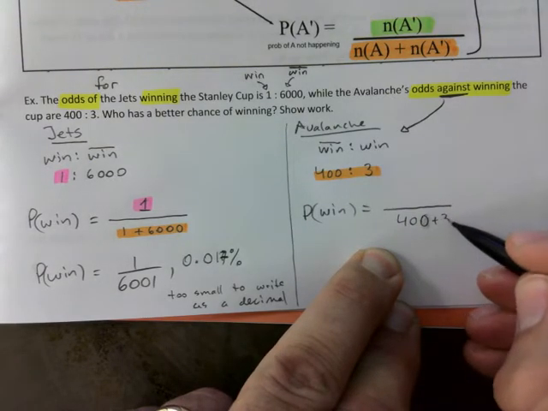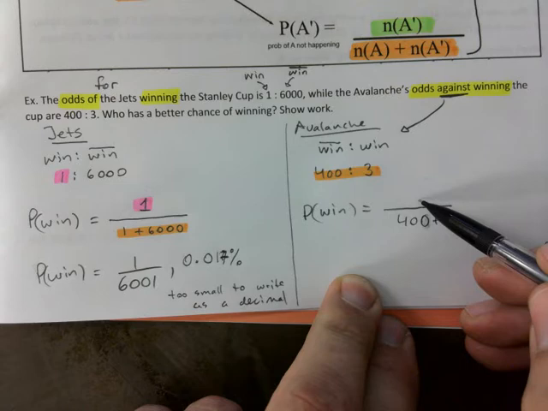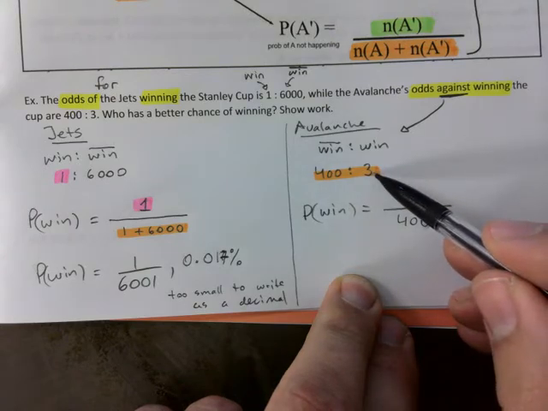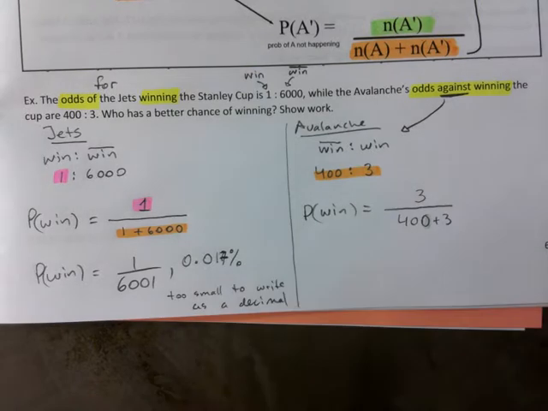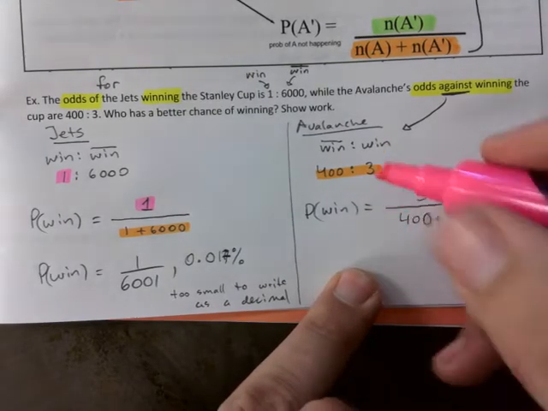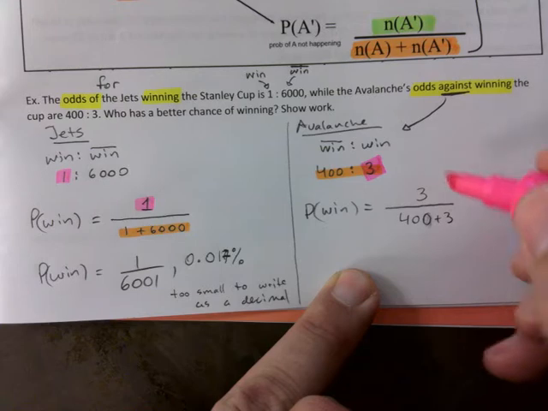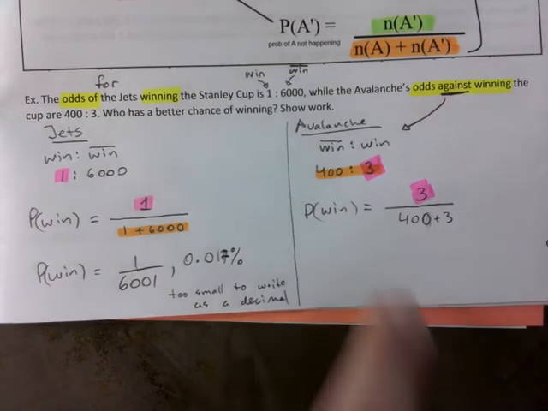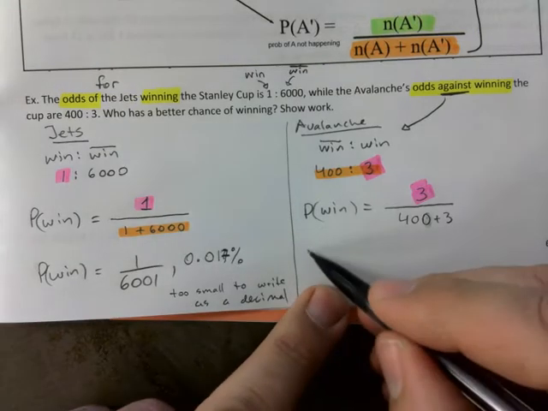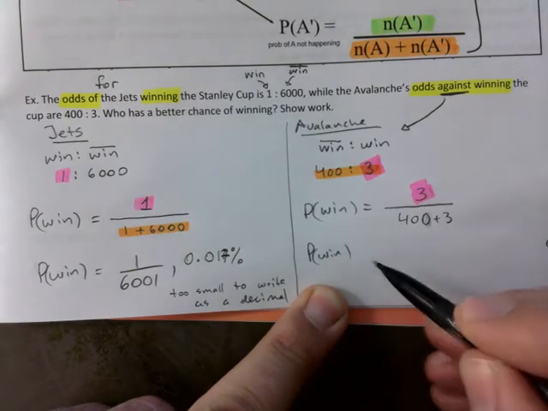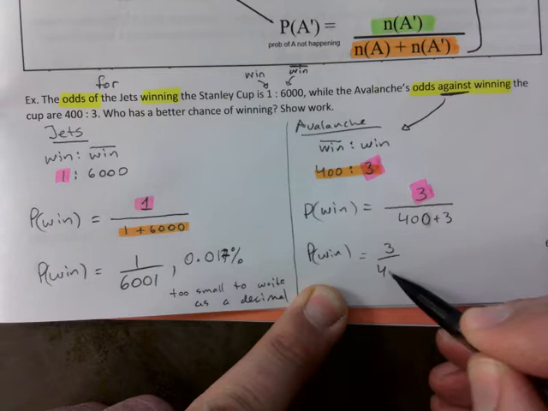You choose what you want to do, right? And then at the top, this is the win, right? This is what you want here. That's the one you want. So that's really probability of winning is 3 over 403.